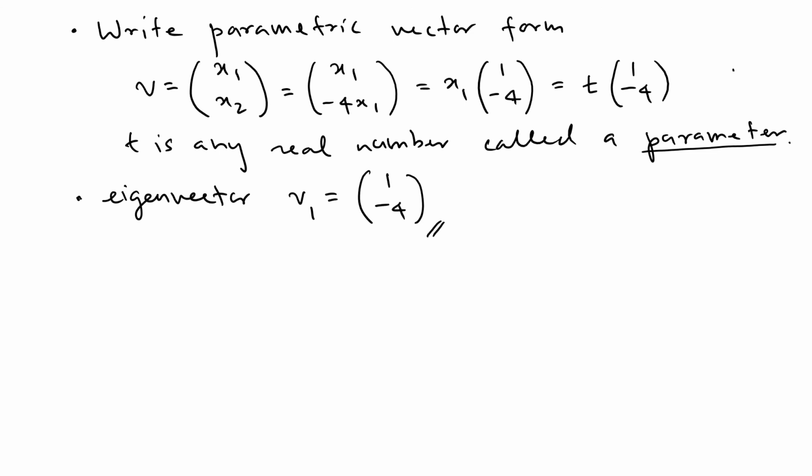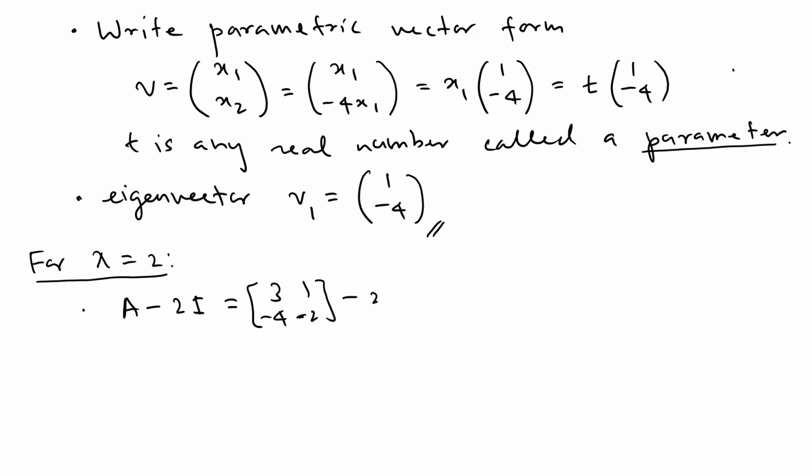So we do the same thing with the second eigenvalue as well. So let's do that. Now for lambda equal 2, we do A minus 2I first. We're going to simplify that. So it is 3, 1, negative 4, negative 2, minus 2 times 1, 0, 0, 1. So we can subtract.